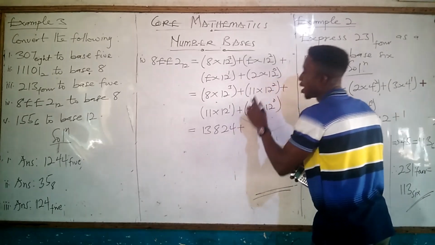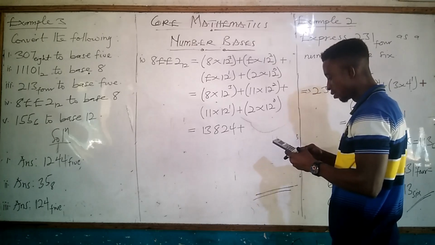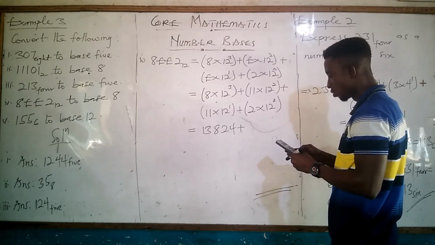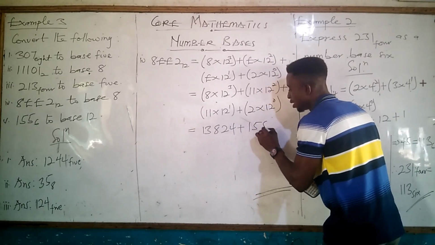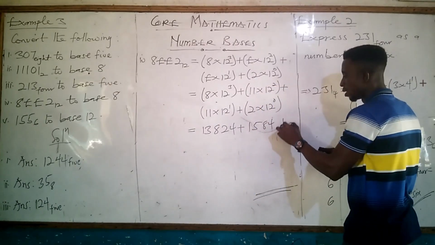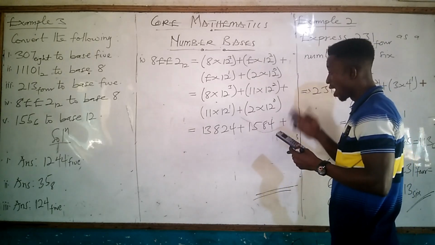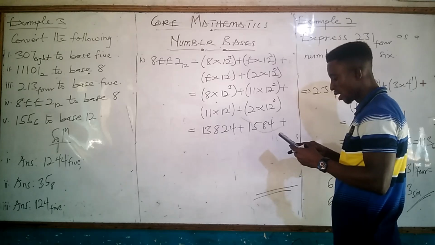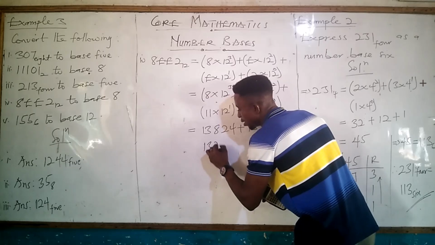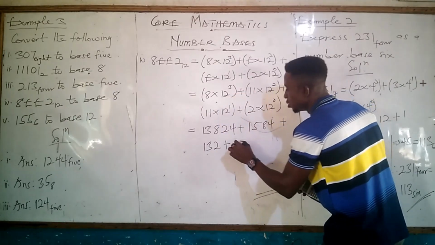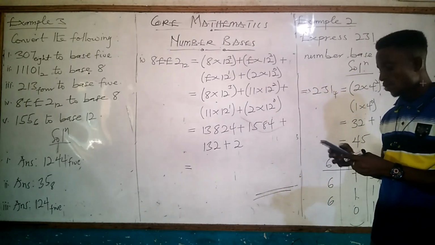Then plus 11 times 12 squared, or 12 exponent 2, that is 1,584. Okay, then plus 11 times 12, that one too gets you 132. Then plus 2.